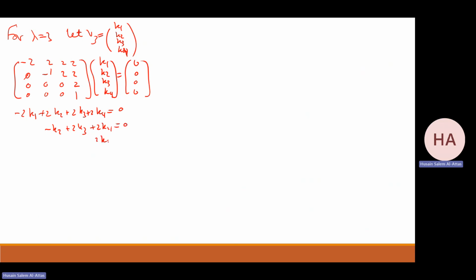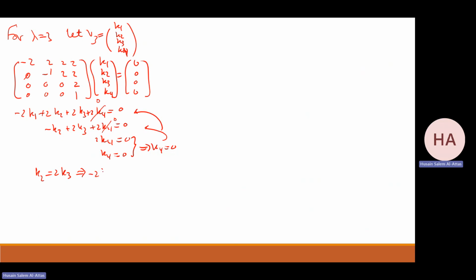I have 2 k4 equals 0 and k4 equals 0. Plug it here, plug it here. What you will have? If I plug it here, k2, this will be 0. This will be 0. So I have k2 equal to k3.